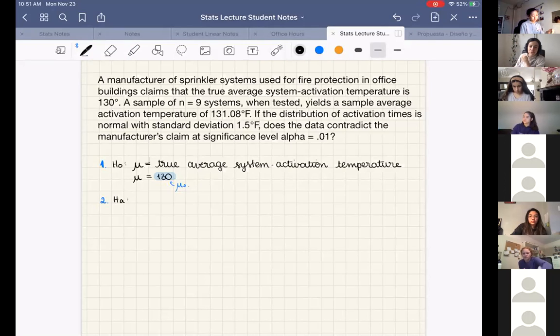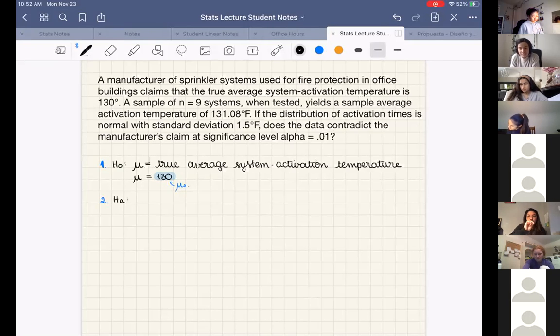So yes for one-tailed, no for two-tailed. There's contention.